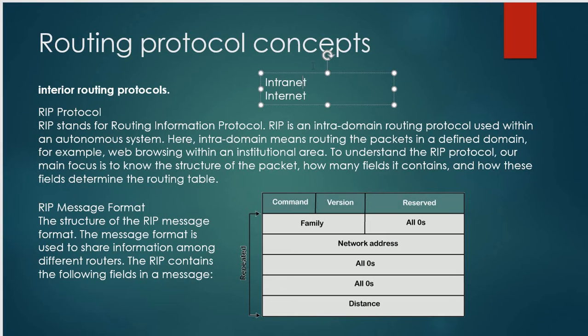RIP message formats are there in this table. The message format is used to share information among different routers. RIP contains the following fields in a message. These RIP structures are forwarded back and forth within the intra-domain networks.